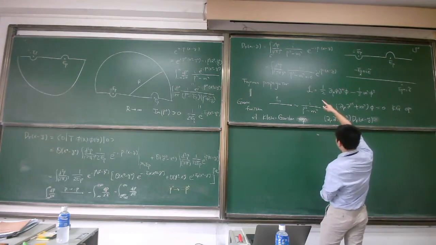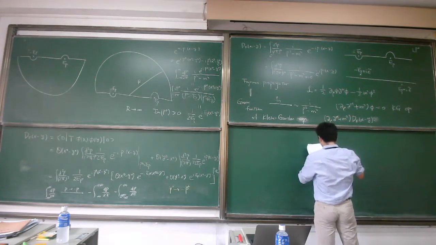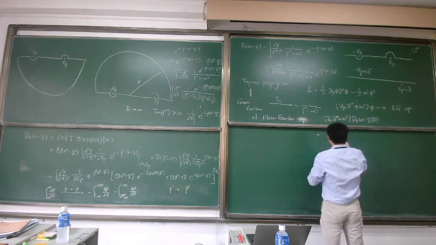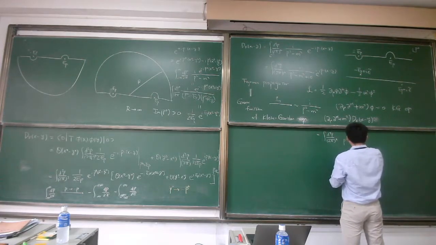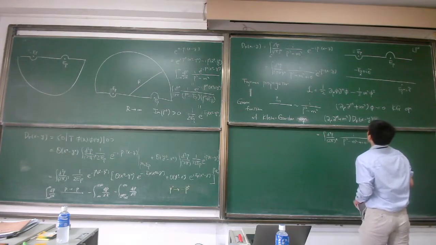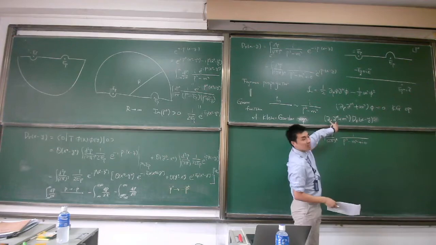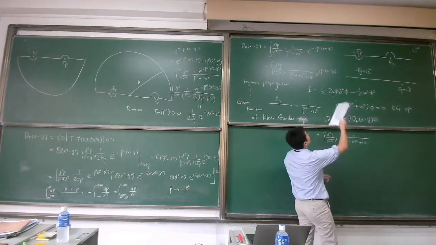The propagator is an integral d4p over 2 pi to the 4, with p squared minus m squared plus i epsilon in the denominator, and the two derivatives act on this exponential.